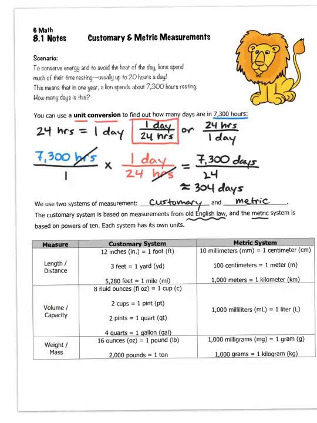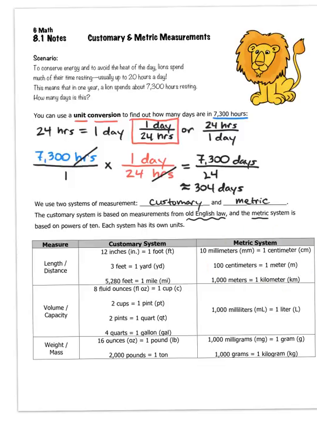So the customary system, the basic units are inches, feet, yards, miles for length, the metric system, and we've worked with metrics a little bit before, but just a reminder, you have your millimeters, centimeters, there's also decimeters and decameters in there, meters, kilometers, etc. I didn't put all of them in here, but I've put some of the basics that you should know.